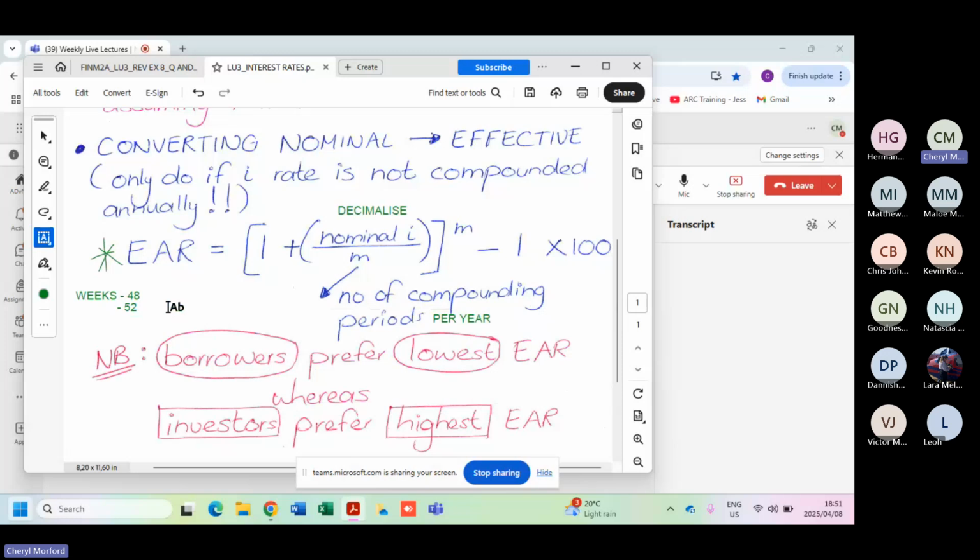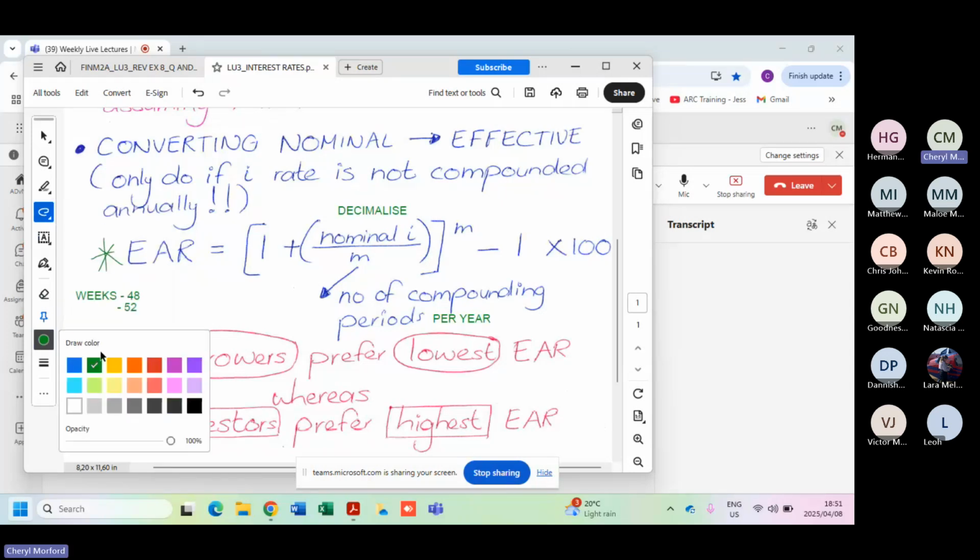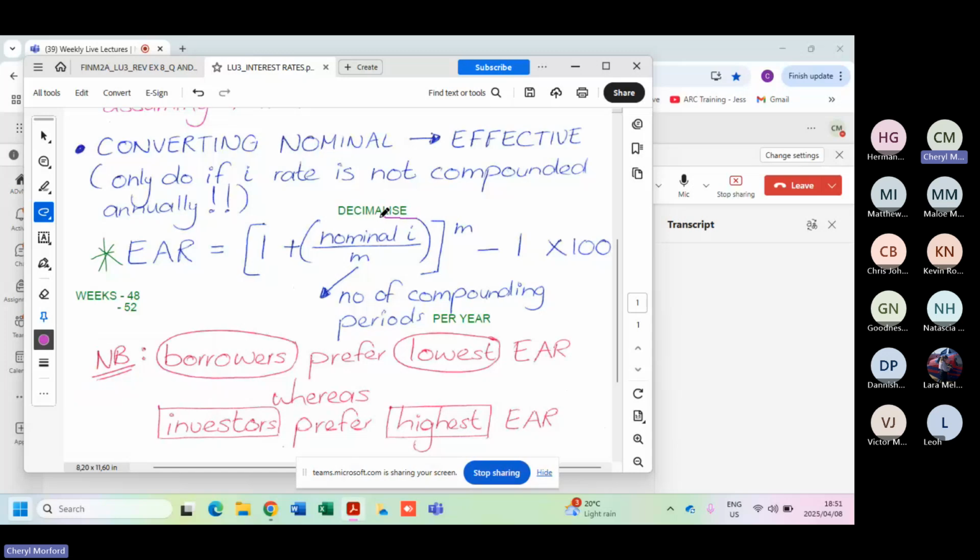Right, so step 1 is you sort out the number of compounding periods. When you've done that, what do you do with it? I will show you what you do with it over here. This part here is step number 1. You take the nominal rate as a decimal and you divide it by M. The next thing you're going to do, you're going to add 1 onto it.